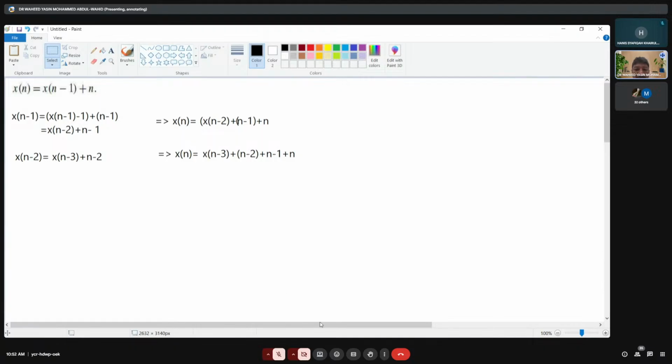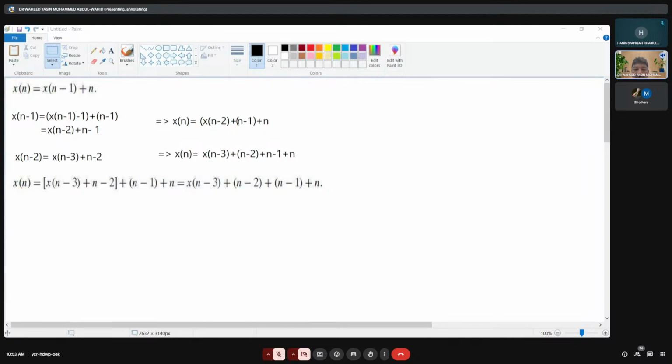Like this, we make this formula. We got the same here. This one is the same: xn minus 3, n minus 2, n minus 1 plus n.